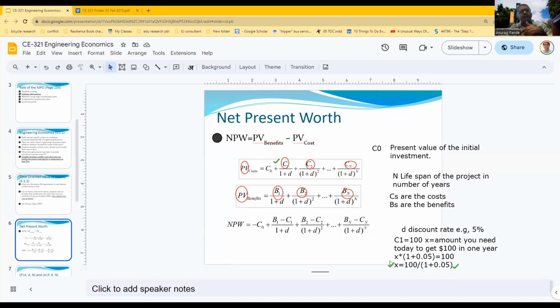Now, if you want to change this example, let's say X equals the amount you need today to get $100 in 2 years. So if I want to edit this, not in 1 year, but in 2 years, it will be X times 1 plus 0.05.